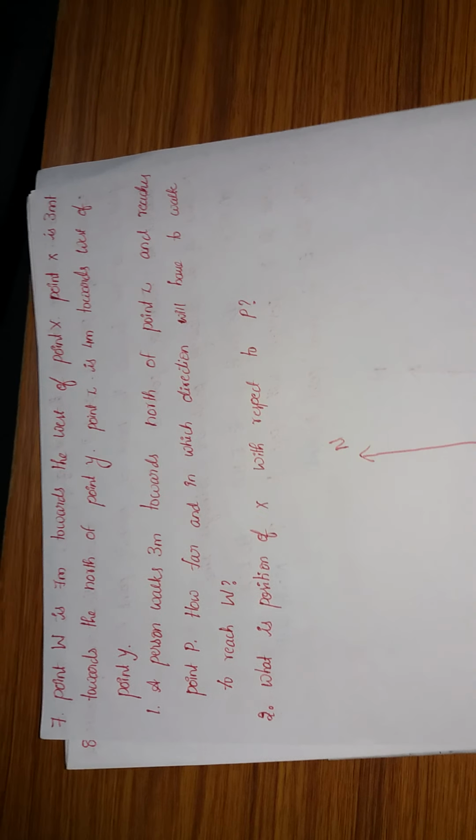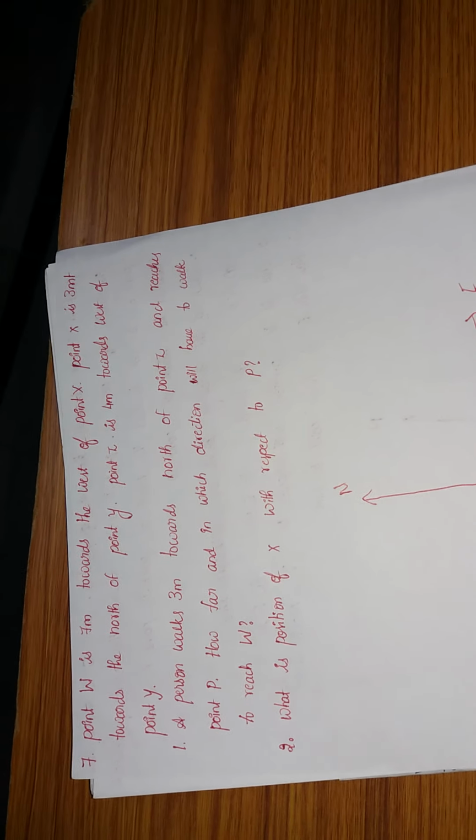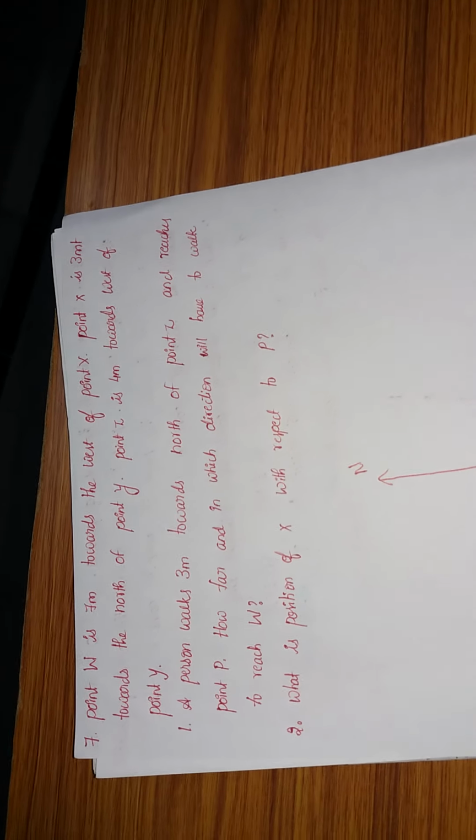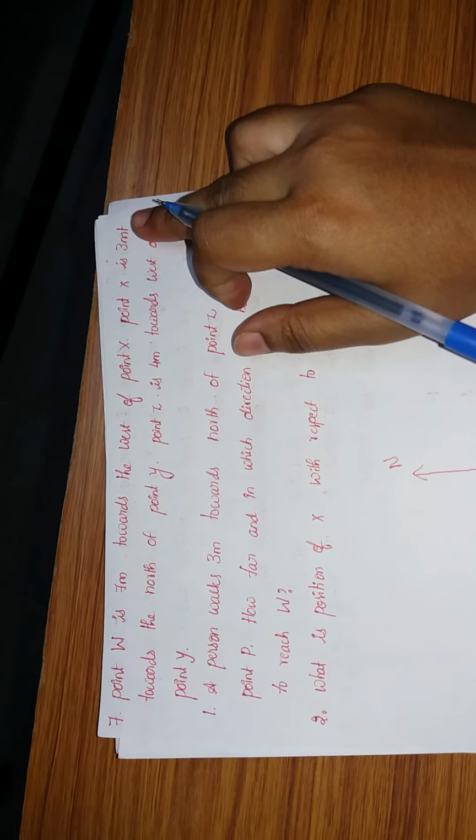Now point W is 7 meters towards the west of X. Point W is in the west of X at a distance of 7 meters. Point X is here, and point X is 3 meters towards the north of point Y. North of Y, point X is at a distance of 3 meters.